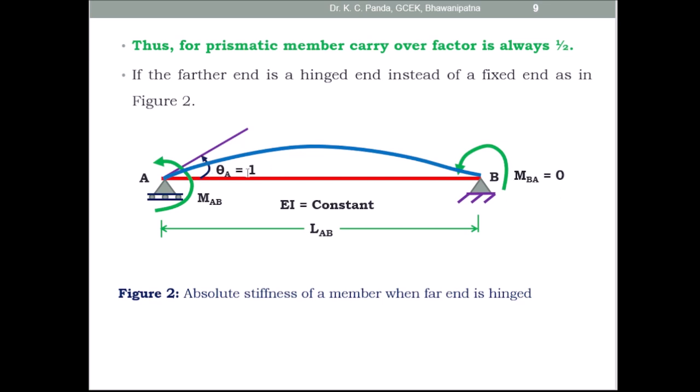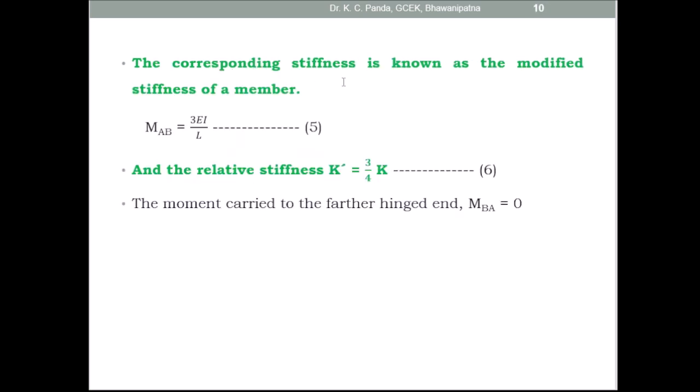This is theta equal to 1. So the corresponding stiffness is known as the modified stiffness of a member. So MAB is equal to 3EI by L, and the relative stiffness K dash is equal to 3 by 4 into K. And the moment carried to the further hinged end, that is MBA, is equal to 0.